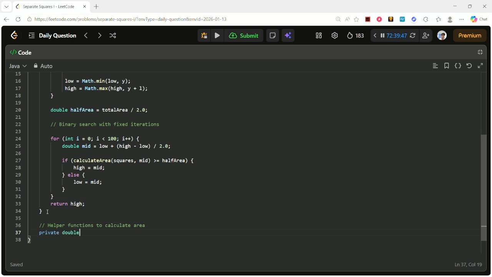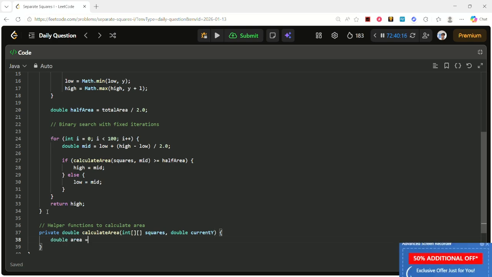Private double calculateArea with squares and double currentY. This computes the total area below the horizontal line currentY.